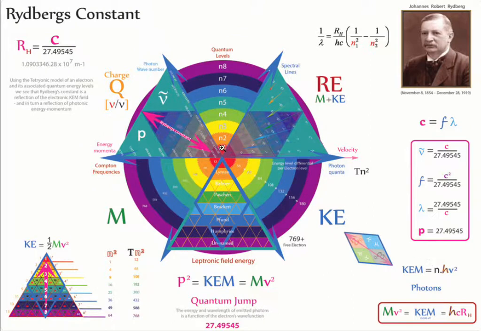So by calculating for the transitions and the energy levels or the number of quanta in the chem fields, we can then solve for both the photons that are emitted with their specific energy and wavelengths, and we can then apply that back to give us Rydberg's constant for each spectral line series. And again, Tetryonics will give us exact numbers for both.